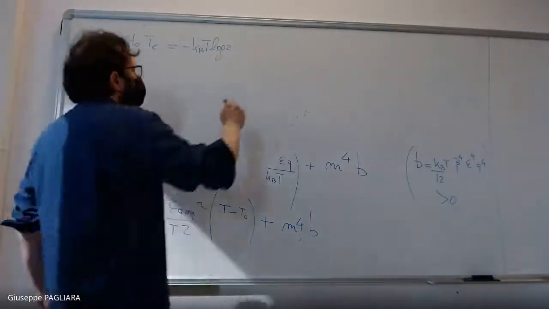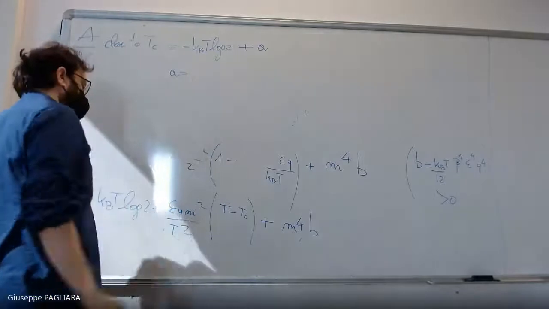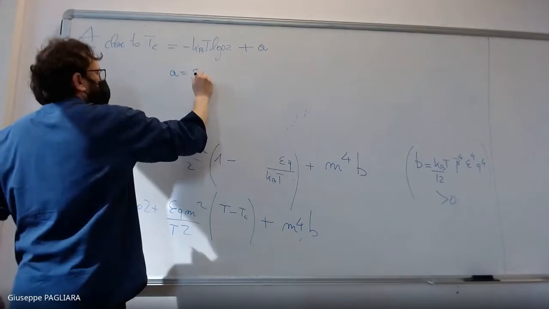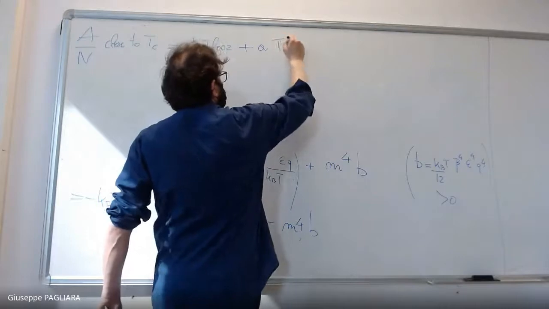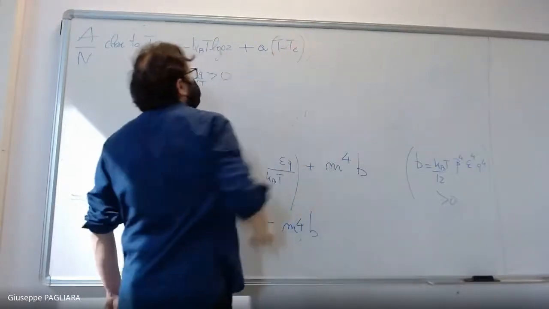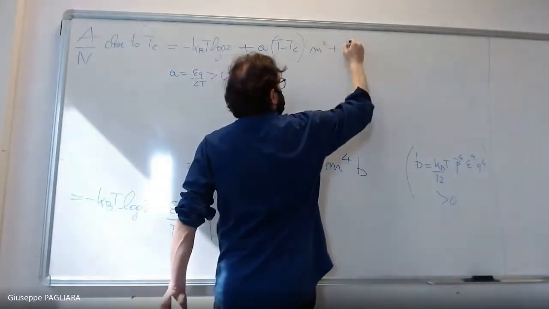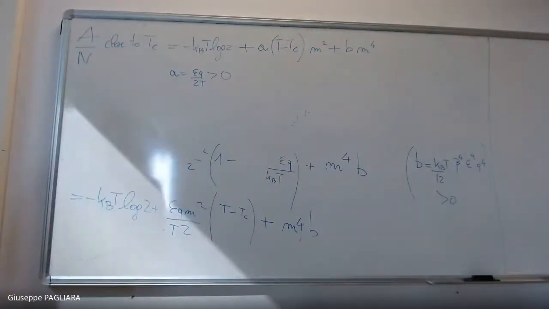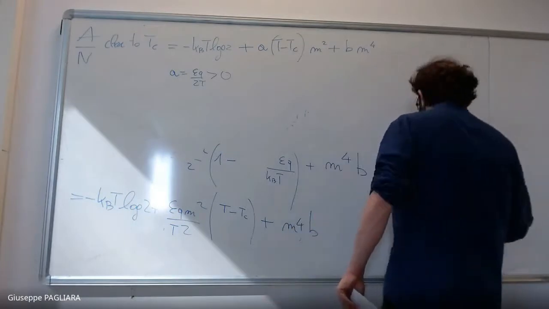Then I have a quantity here that is a certain number a, which is epsilon q divided by 2Tc, which in any case is positive. Then I have T minus Tc, m squared, plus b, which is another positive constant, m to the power of 4. Okay, so this is a very interesting formula, actually, that is a paradigm of what happens in a phase transition.